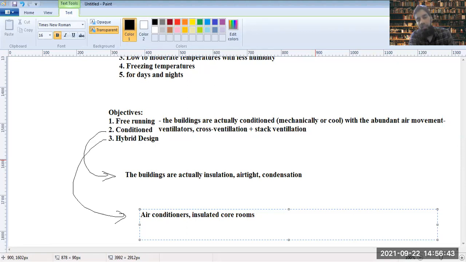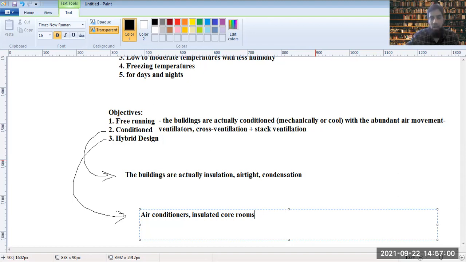So you could have insulated core rooms, you could have air conditioners, but they together serve as the air conditioner will be provided to a core room, and core room will be connected through an exhaust to the outside assembly.